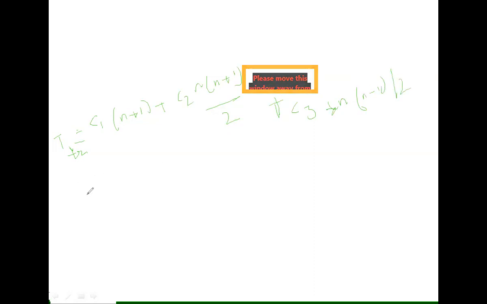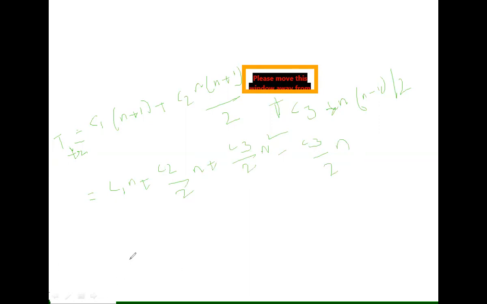By solving this, we get C1 into n plus C2 by 2 into n square plus C2 by 2 into n plus C3 by 2 into n square minus C3 by 2 into n.